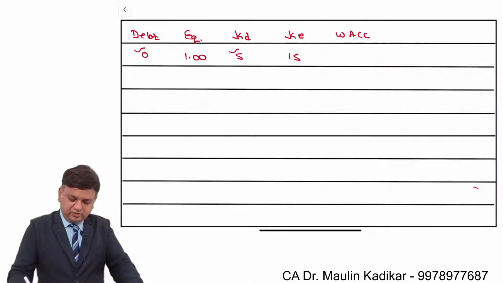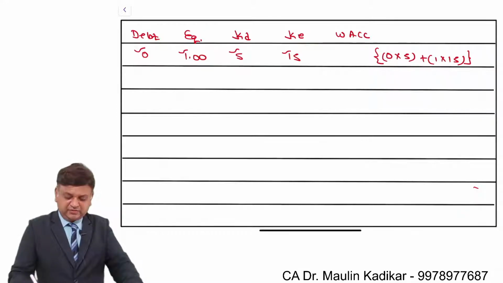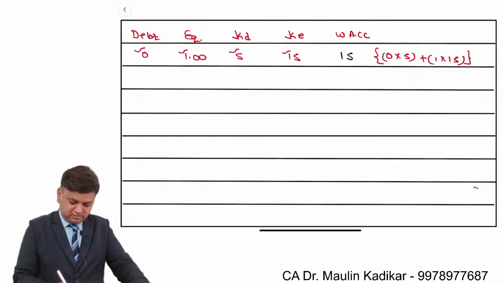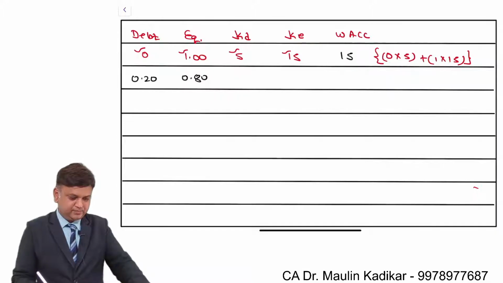It is 0 into 5 plus 1 into 15. So weighted average cost of capital is 15. Next, 0.20, 0.80. This is 6 and this is 16.